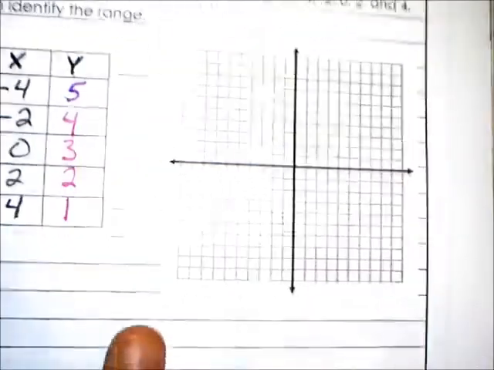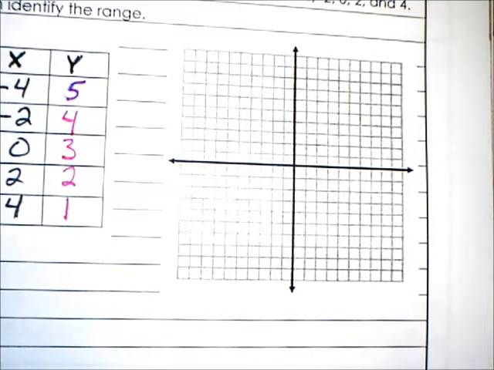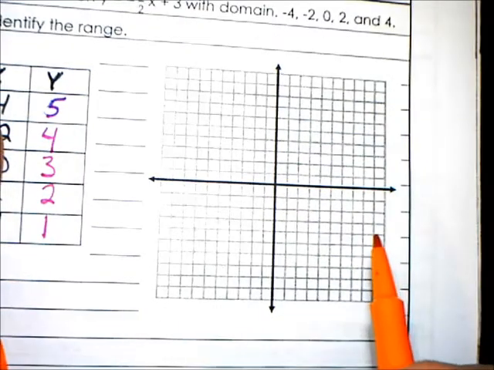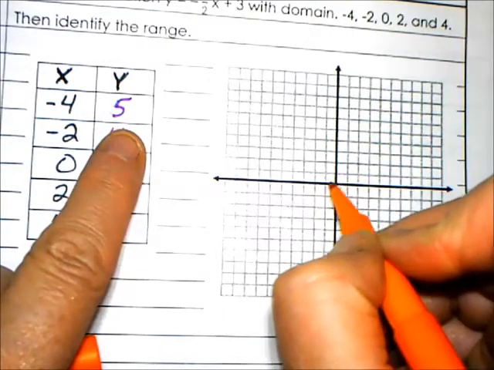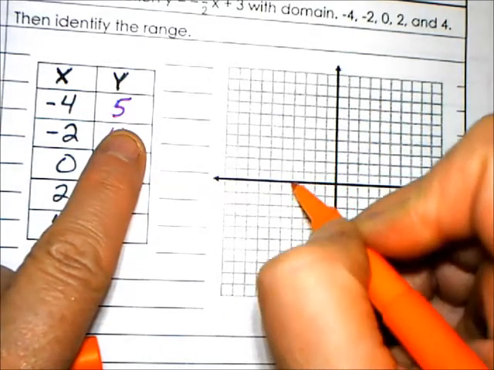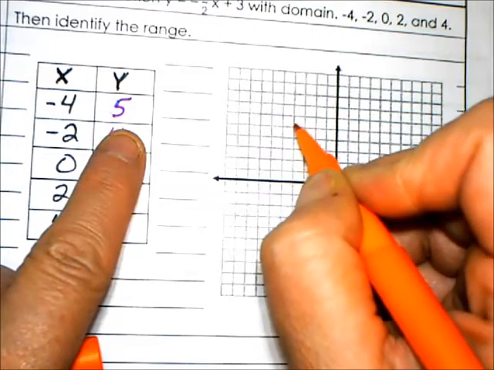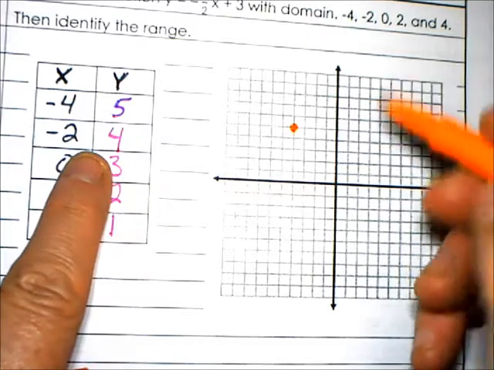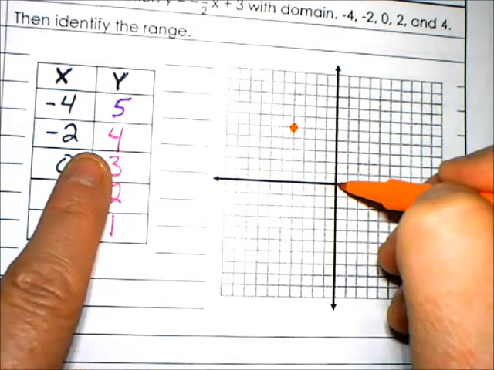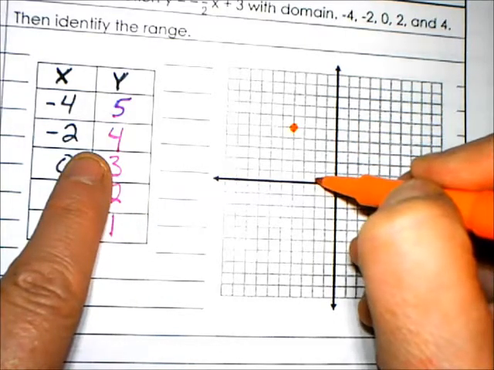Okay, here we go. Let's go to our graph. And we're going to plot -4 and 5 is my first coordinate. So go to the left and up 5. Put a dot. Next coordinate is -2, so make sure you go back to the origin and go left 2 and up 4.